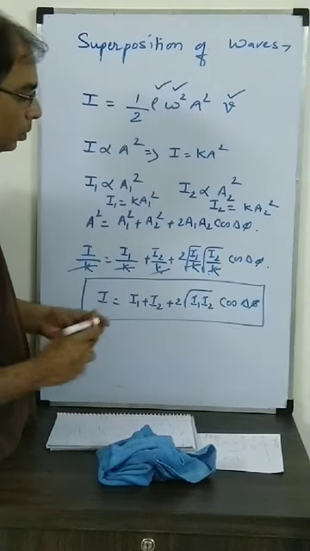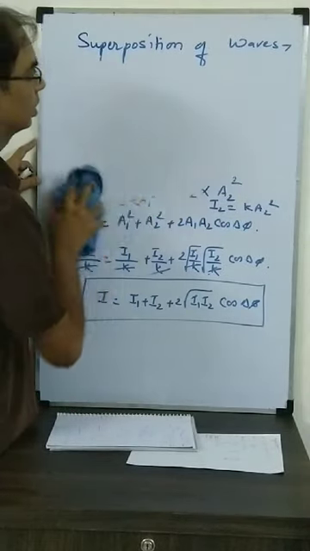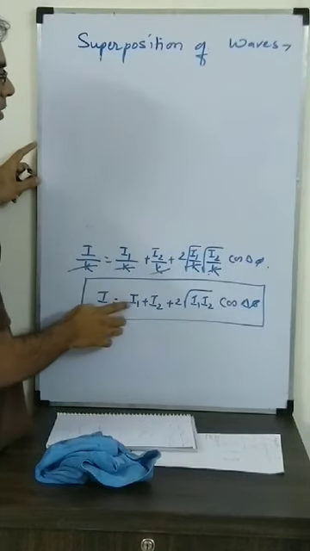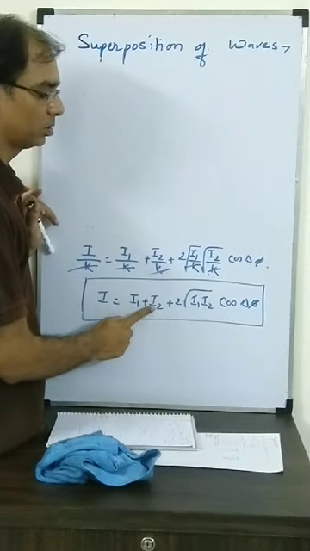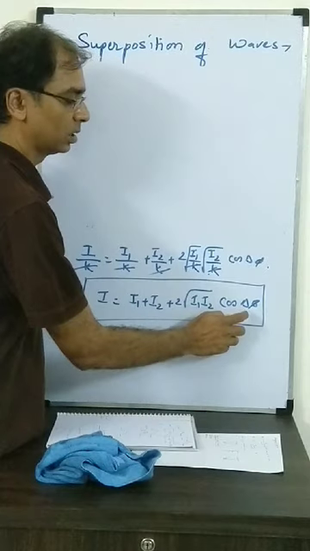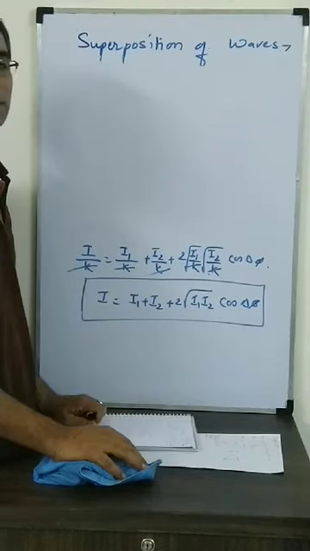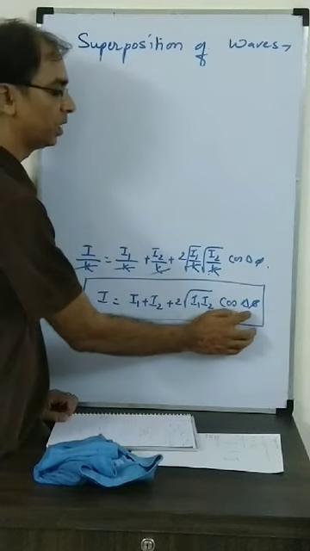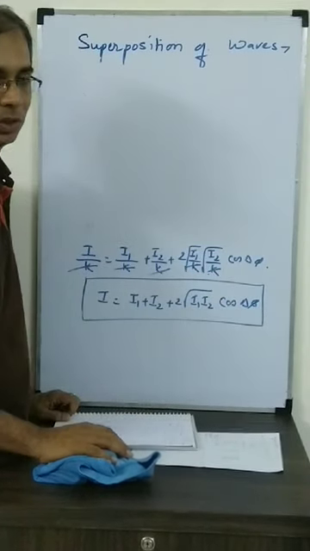Alright, now when can this intensity be maximum? What factor does this intensity depend on? I1 depends on the source, so you can't change it. I2 also depends on the source, but one factor which will change is delta phi. How can it be changed? It's possible that the waves are meeting at different points, so you can change the position of the meeting point, and then your delta phi also changes.